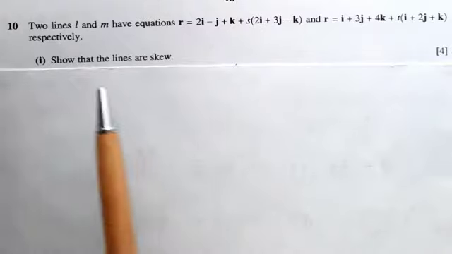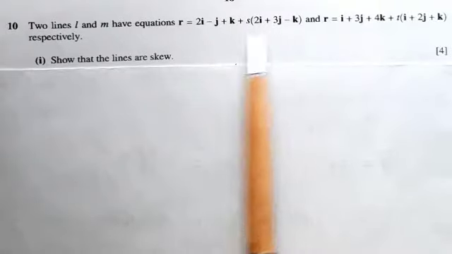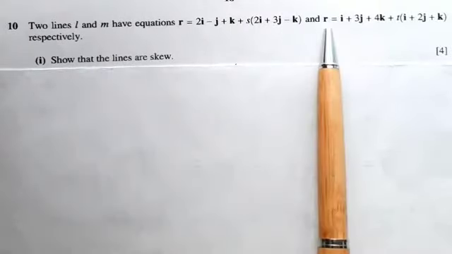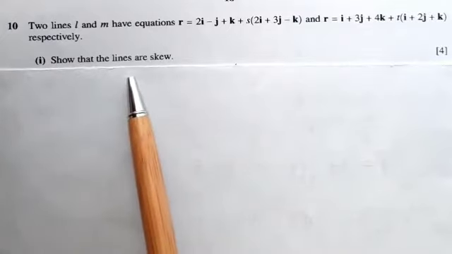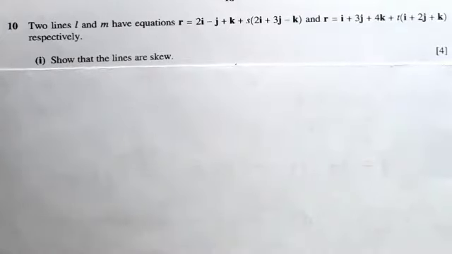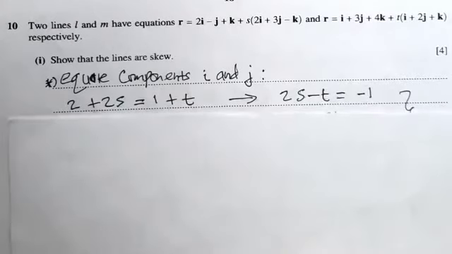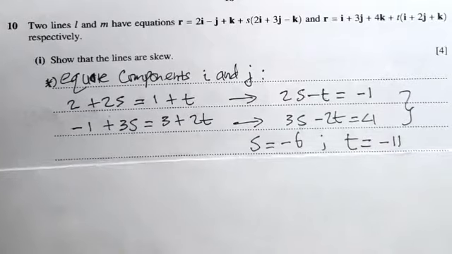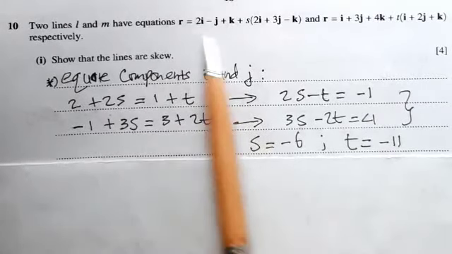Now thus the equation of line L, that is this one, in vector form, and the equation of line M, that is this one. Now show that the lines L and M are skew. First we equate the i and j components of these two lines.